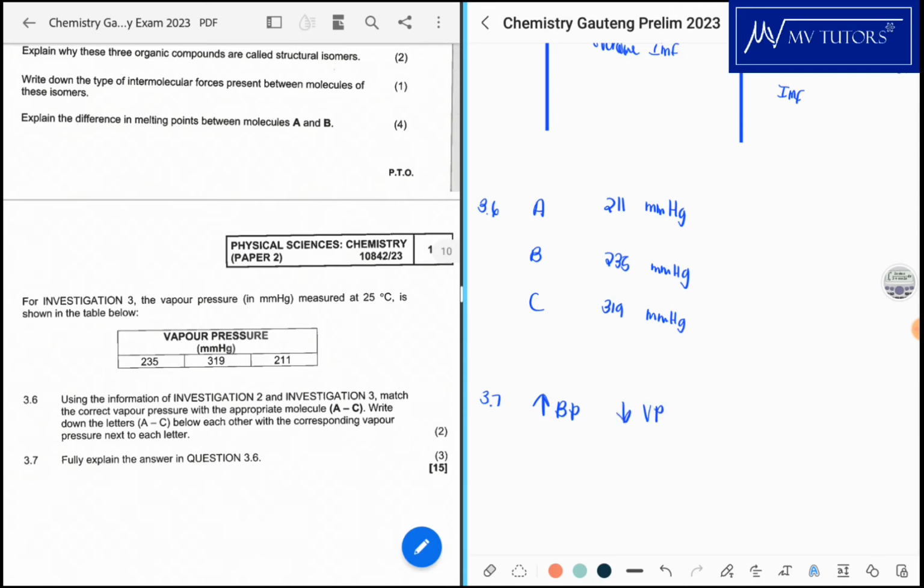Okay, so we saw that the boiling point of A is higher than the boiling point of B, and the boiling point of B is higher than that of C. All right, and as a result, we're expecting that the highest boiling point will have the lowest vapor pressure. Okay, so that is it, and we are done with question 3.